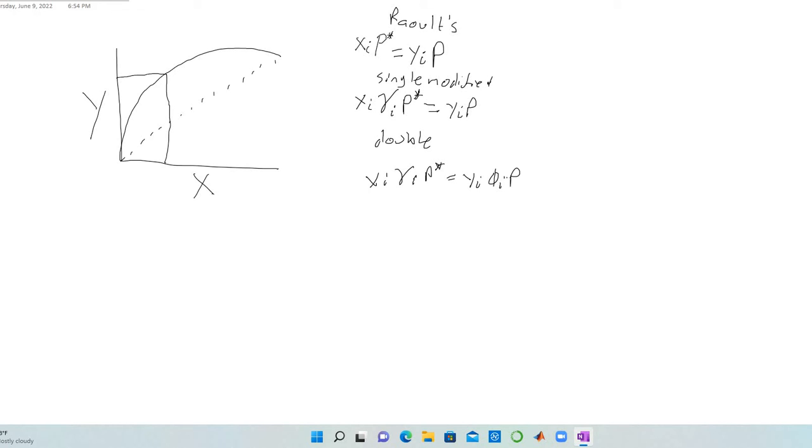The activity coefficient and the fugacity coefficient are both measurements of non-ideality in the respective phases. When they're 1, that means the solution is ideal. When they're not 1, it means they deviate from the ideal.